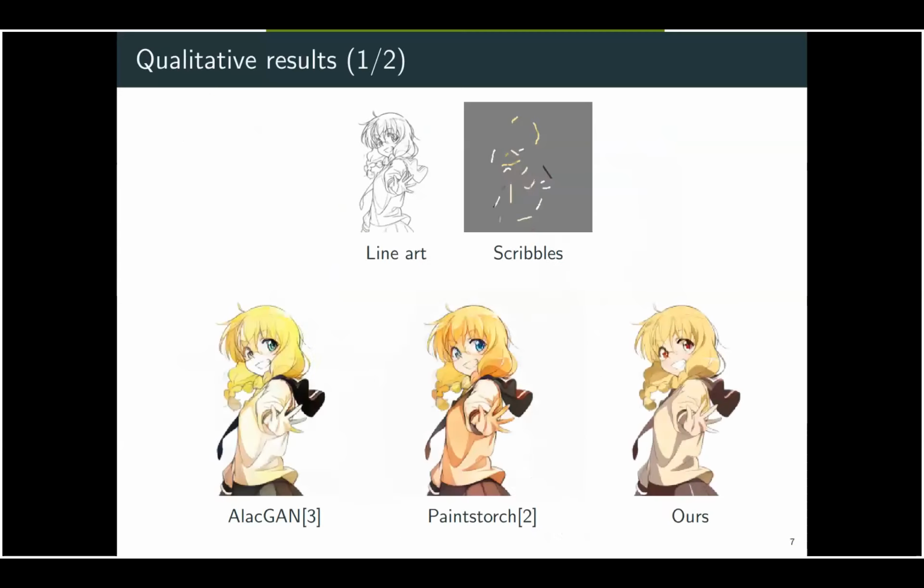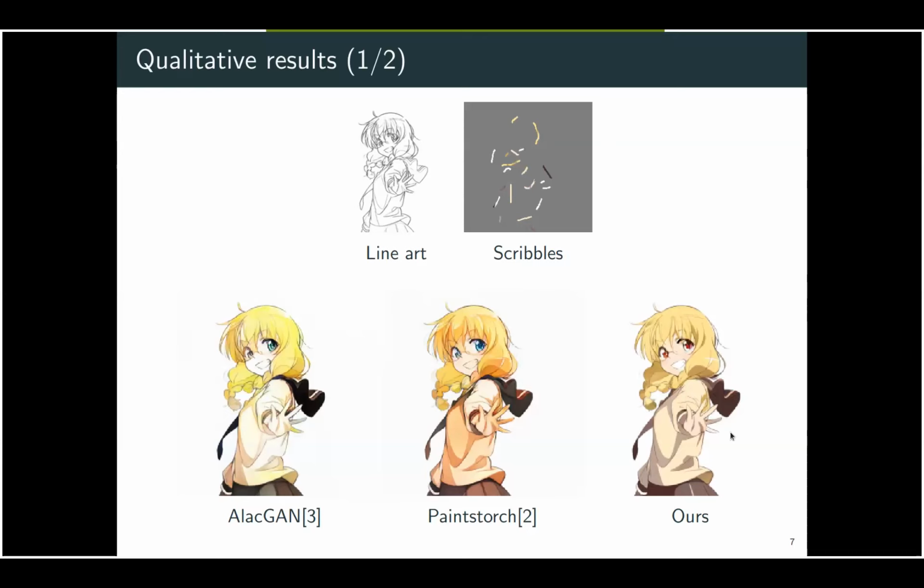Passing to the qualitative results. Here we compare with two other deep learning methods, both using GAN architectures, one called ALACGAN and the other called PaintsTorch. The idea here is we input to all three methods the line art and the scribbles by the user, and the idea is to propagate the scribbles across the line art.